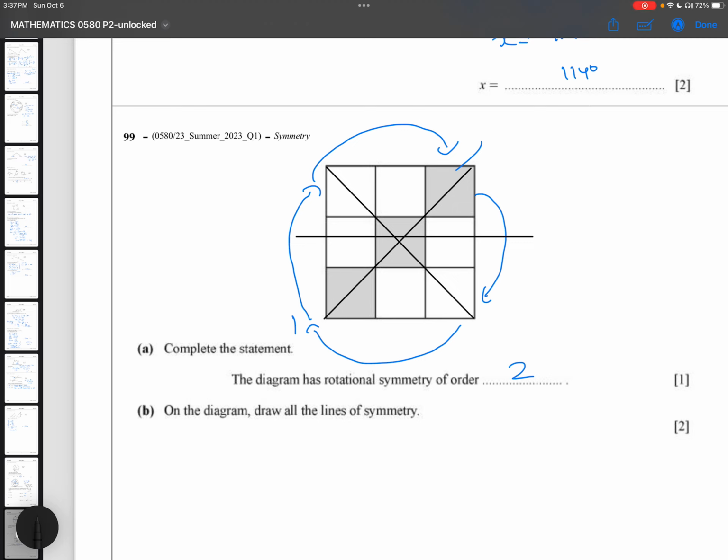It is also dividing the figure in half. And there is one more line of symmetry, that is this one. So this is also a line of symmetry. So we got one, two, three, and four lines of symmetry in this diagram. There is no other line that will divide the figure into equal halves or two symmetric halves.